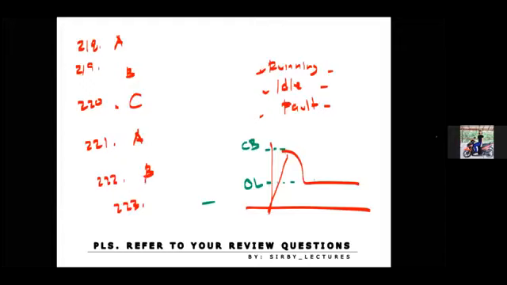Okay, so for 223, it is a device in the manual motor starter to check for too much current and open the motor starter circuit before the motor windings become damaged. Okay, this is an overload relay. This is letter D.